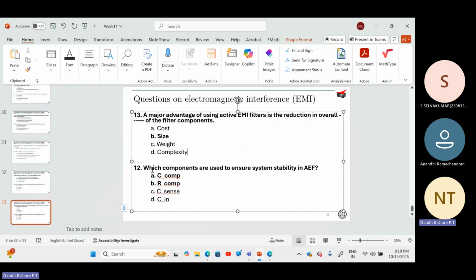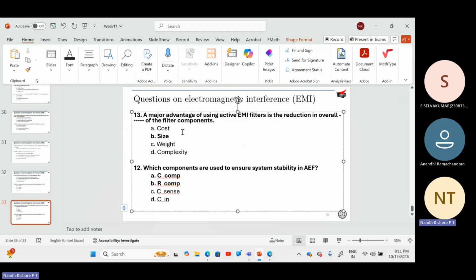Complexity. So the answer is actually it is size. Okay, so the point is, if you use active EMI filters, you need not design it for the worst case, right?